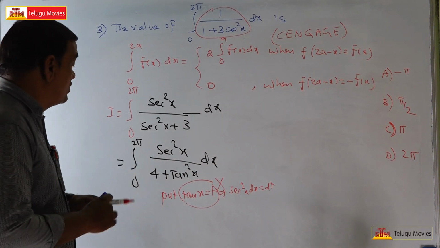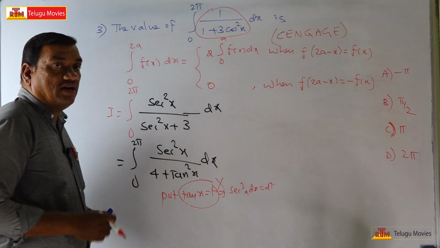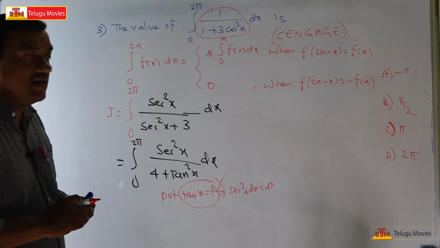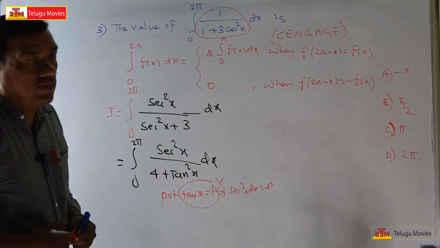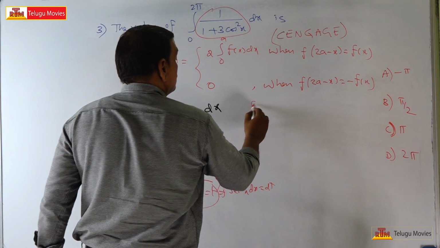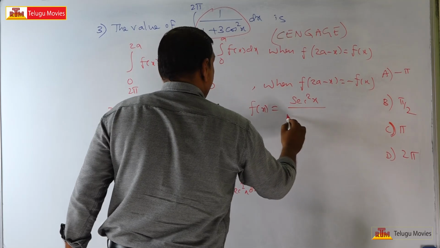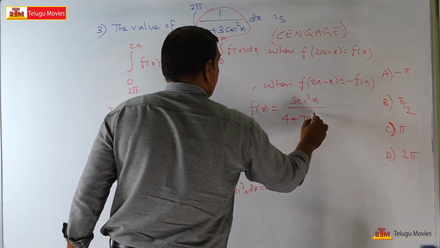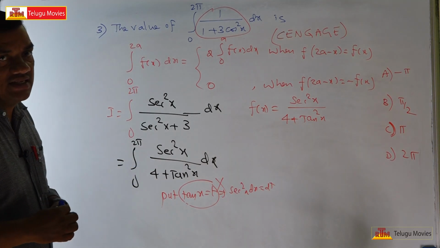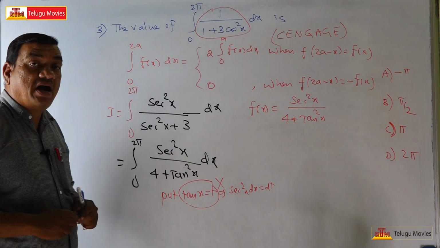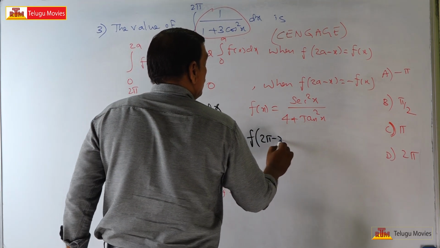Further, we will reduce this interval 0 to 2 pi by applying that formula. Let f of x be secant square x by 4 plus tan square x. Now take f of 2a minus x, that means f of 2 pi minus x.